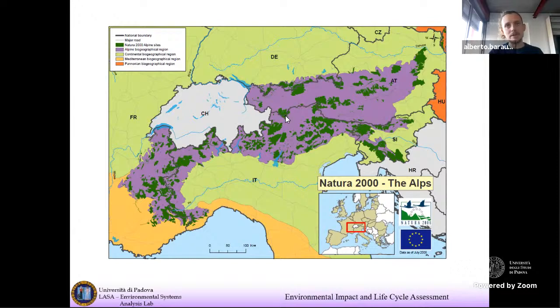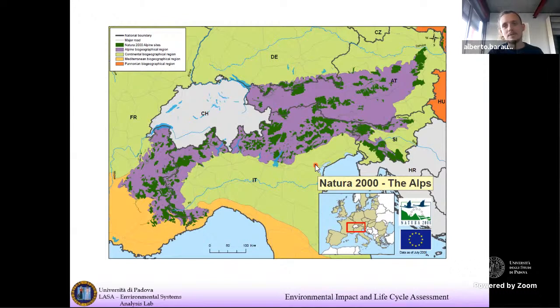You see the green areas in the Alpine biogeographical region of Italy. You see how many sites are present. There are some big ones. Let me find the pointer. There are some big ones, such as this one. But you see, there are many small ones that you can hardly see, but they are there.